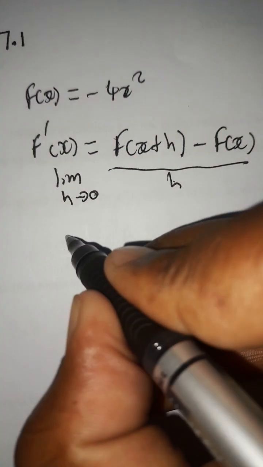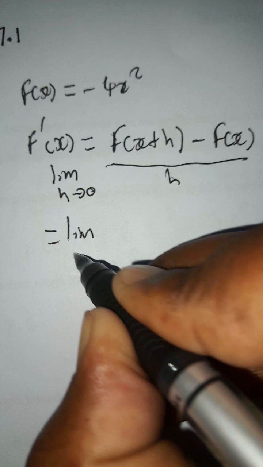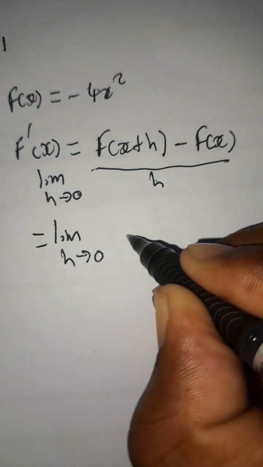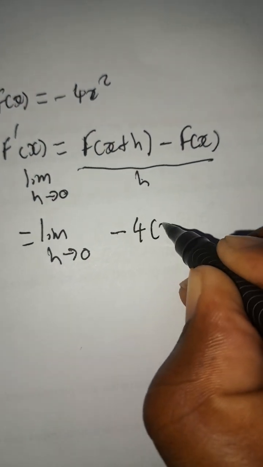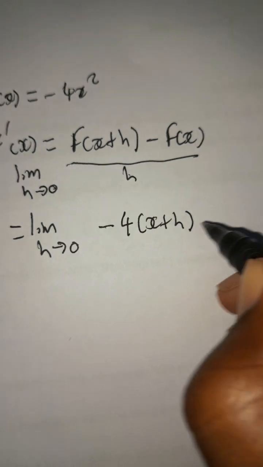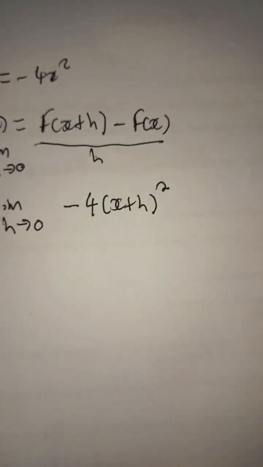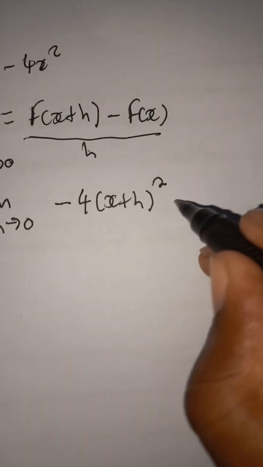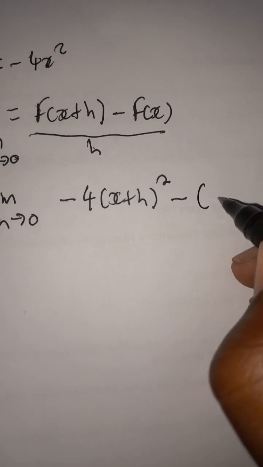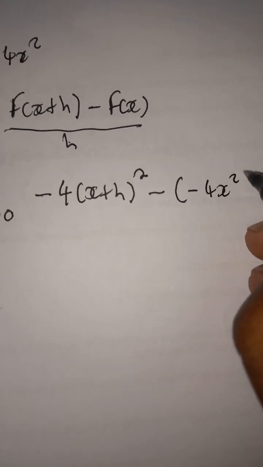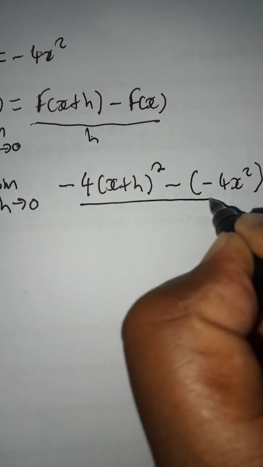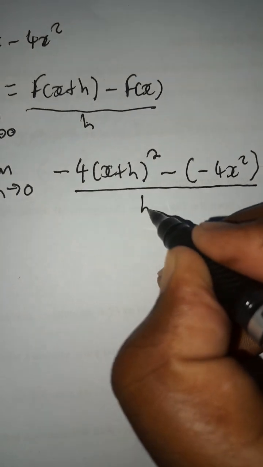Where I see x, I'm going to replace by x plus h. I hope I'm clear, guys, on that. Then minus the given function, which is negative 4x squared. I hope you are noting that.